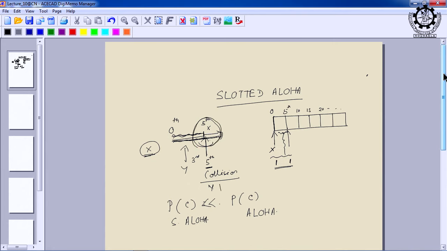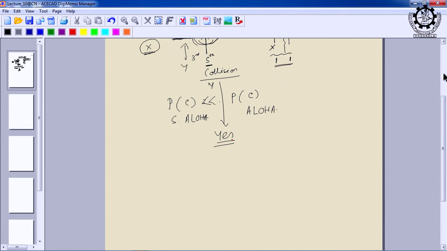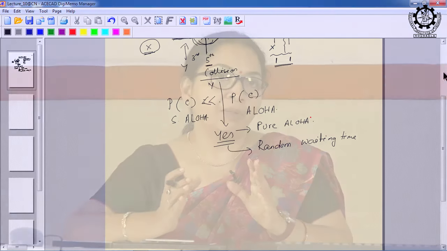And when there is a collision, the same waiting of a random time period takes place, and the whole process is repeated. That means the occurrence of a collision leads to the pure aloha case again. Pure aloha means they wait for a random amount of time and again start the process.